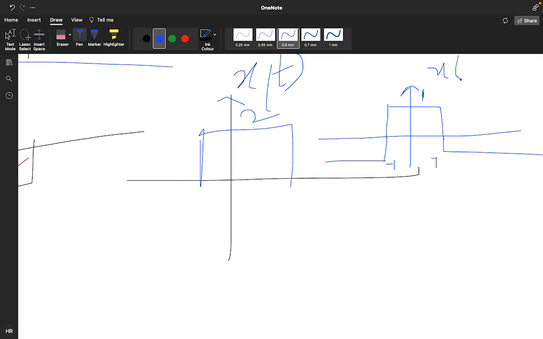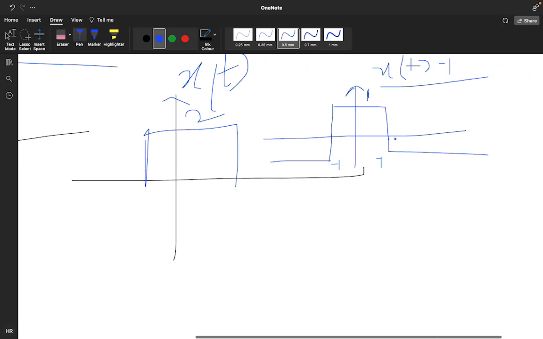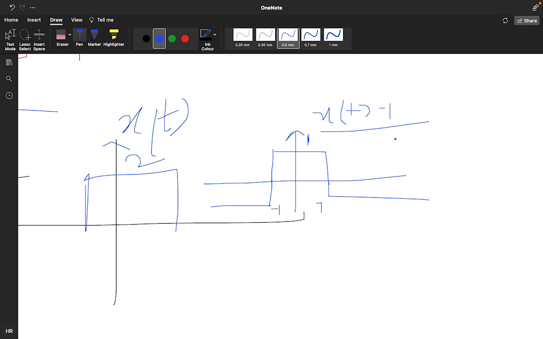So this is my x of t minus 1 signal, correct or not? I did one subtraction from this signal, and then this signal becomes like this.